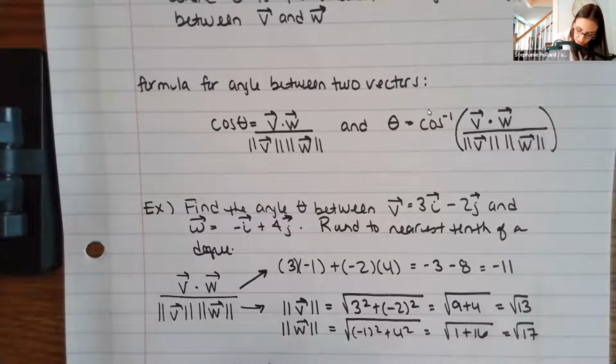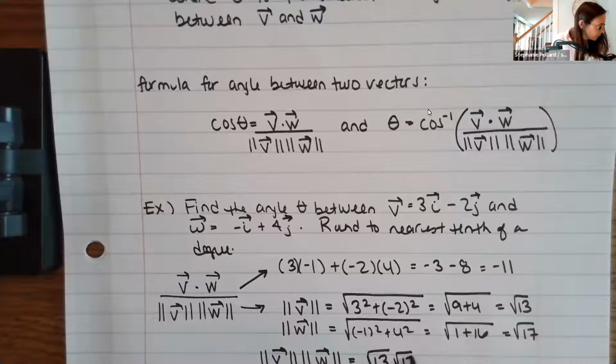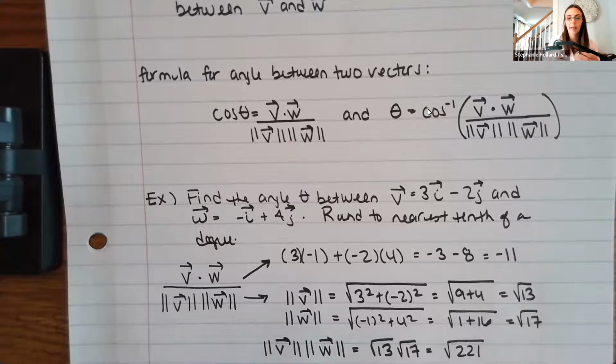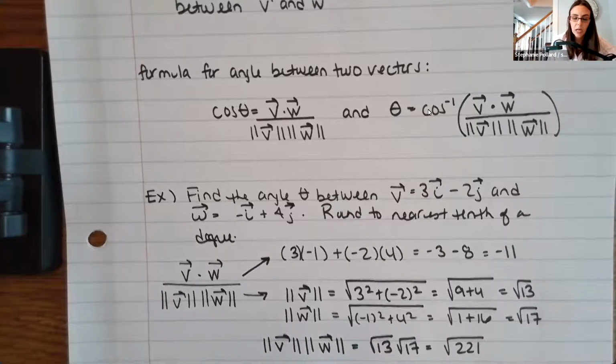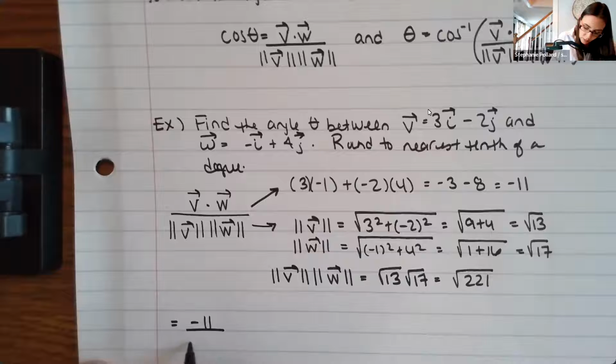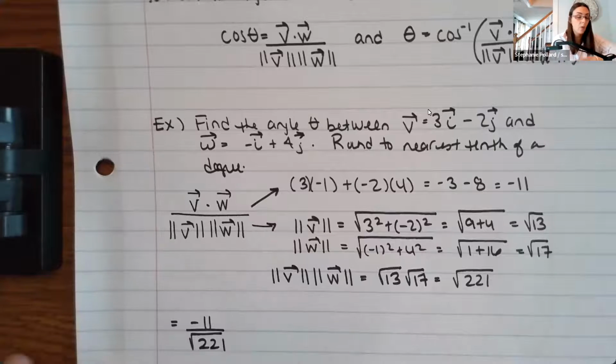And then when I multiply those together, I'm looking at the square root of 221. So just using my calculator for 13 times 17. So what I get for this formula is negative 11 over the square root of 221.